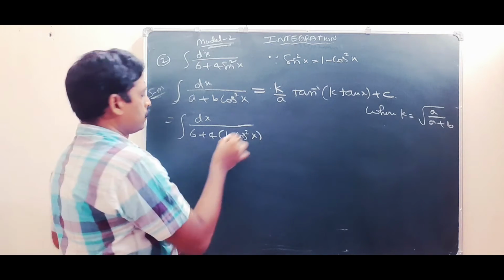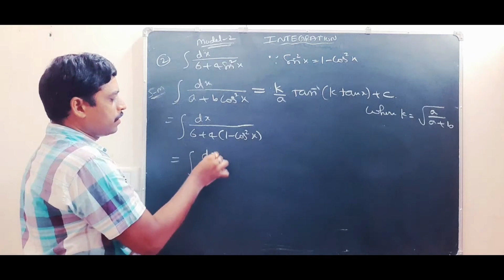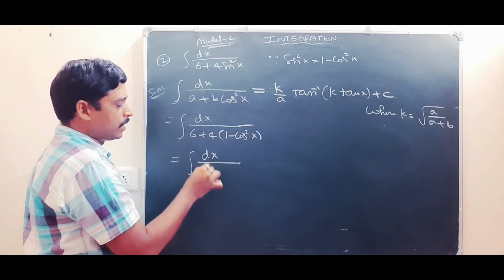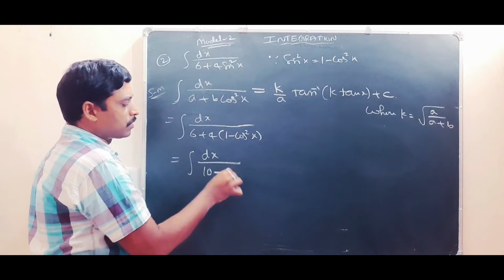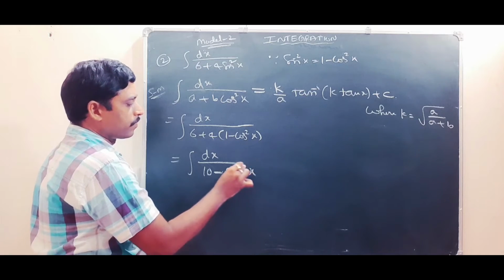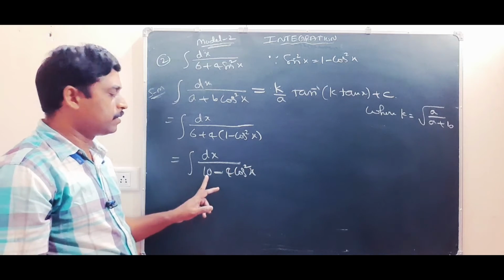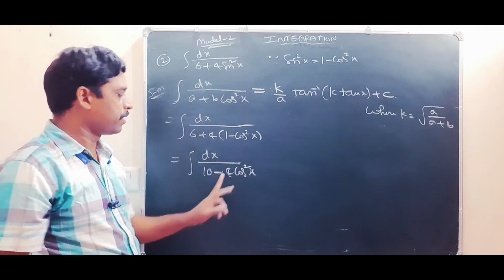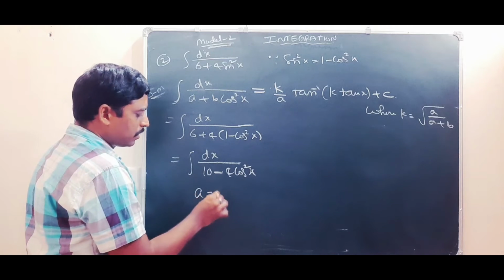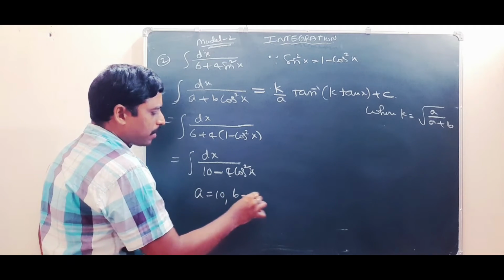Okay, integral dx by 6 plus 4, 10 minus 4 cos square x, where AB values: A value is 10 and B value is minus 4. A is equal to 10 and B is equal to minus 4.